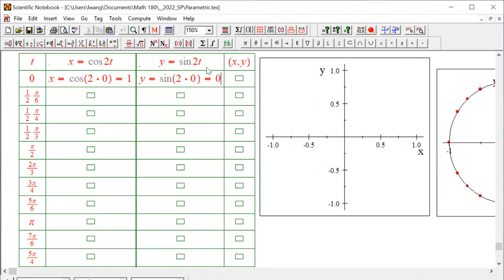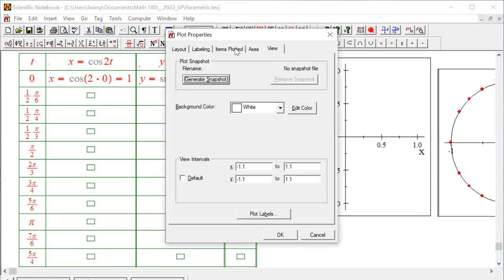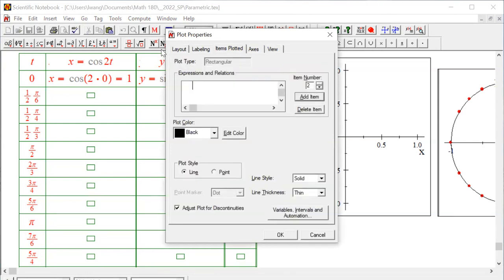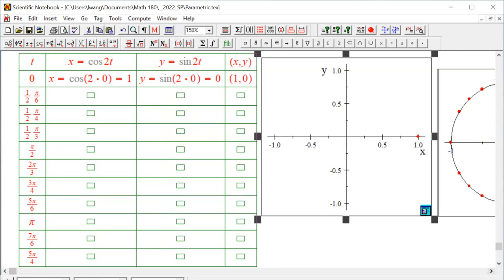So this is going to be 0. So the first point is going to be the same, (1, 0). At time 0, the particle is going to be right there, the same spot as it was before.